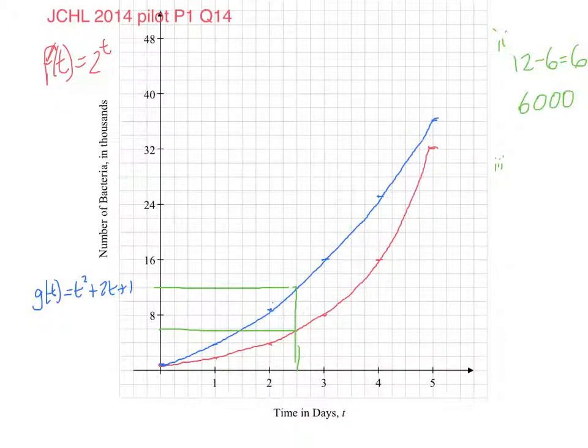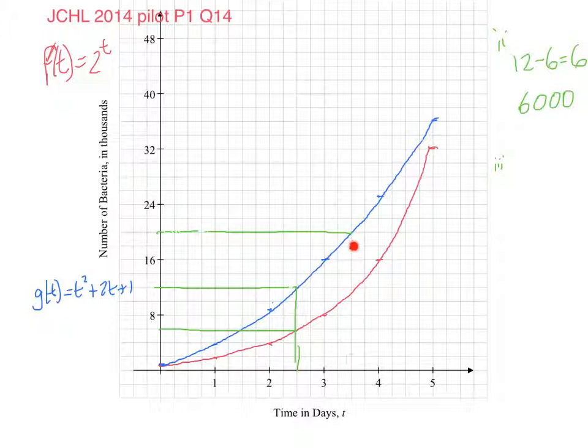Moving on to part 3: use your graphs to estimate the range of values for t for which both Paul and Marie predict there will be at least 20,000 bacteria in the colony. So here's 20,000. Here we have Marie at 3.5.